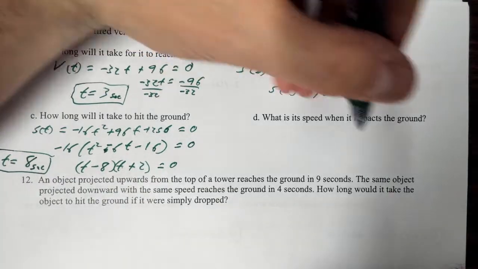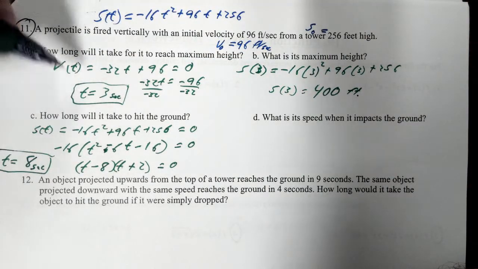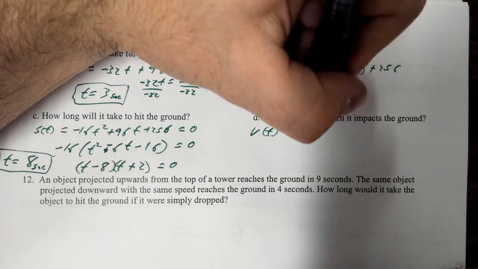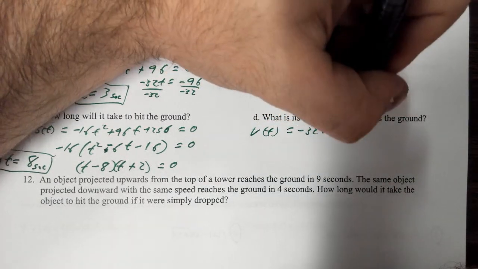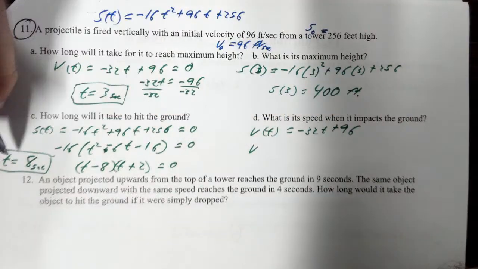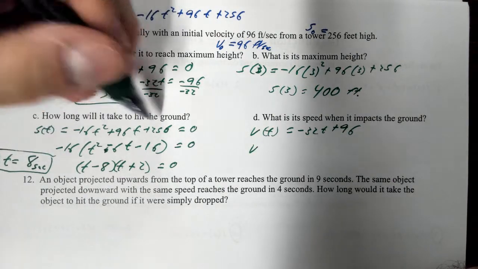And now what's the speed when it hits the ground? We just need to take our 8 seconds and plug it into our velocity equation. V of t, remember, is negative 32 t plus 96. We specifically want the velocity when the time is 8, because it took 8 seconds to hit the ground.